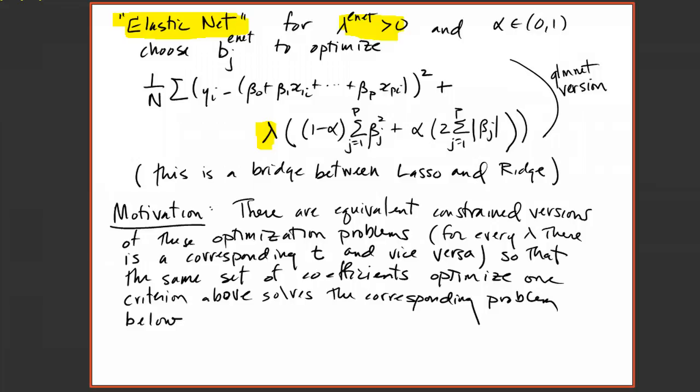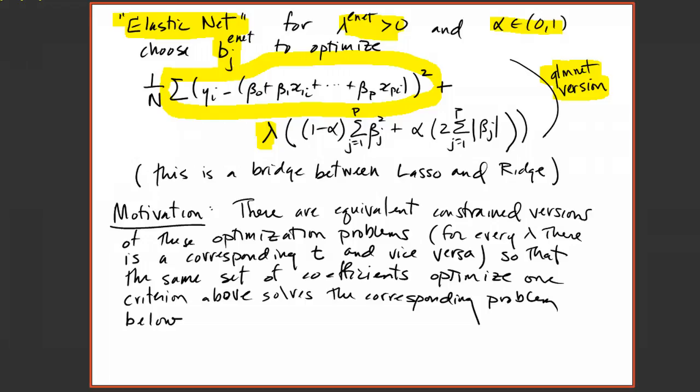Lambda bigger than 0 and a number alpha between 0 and 1, I choose coefficients, elastic net coefficients, that optimize this. This is the error sum of squares. I've now written it with a 1 over n in front of it in order to match the glmnet version of the optimization criterion. glmnet's the software that we're going to use.